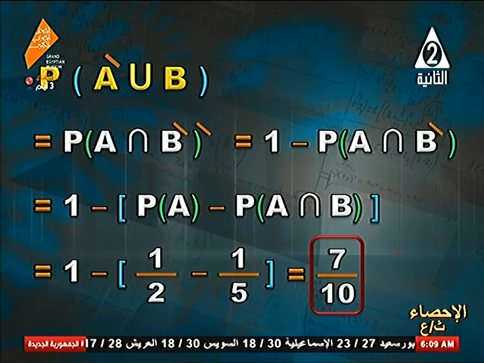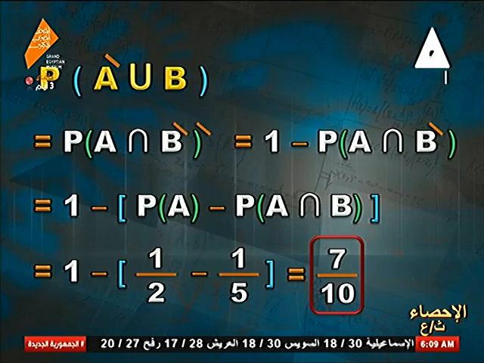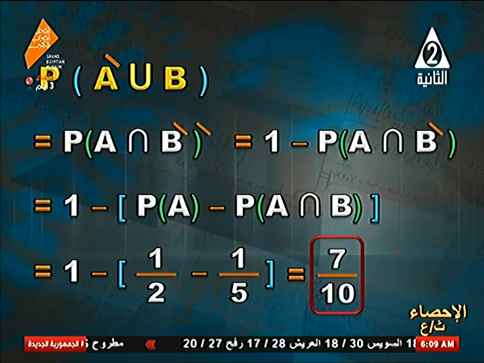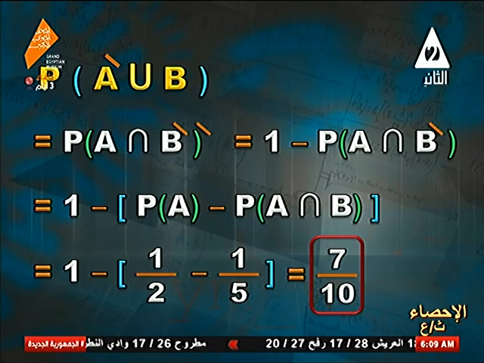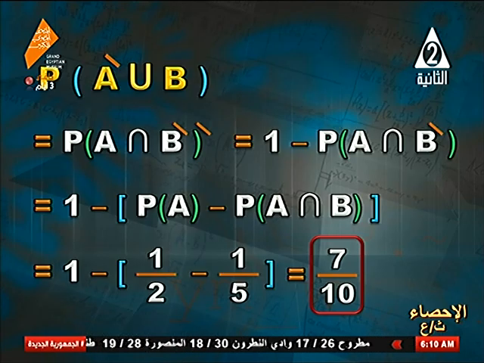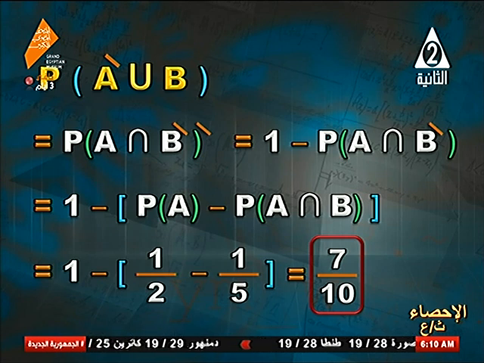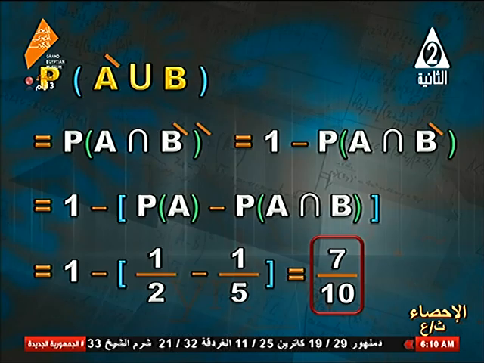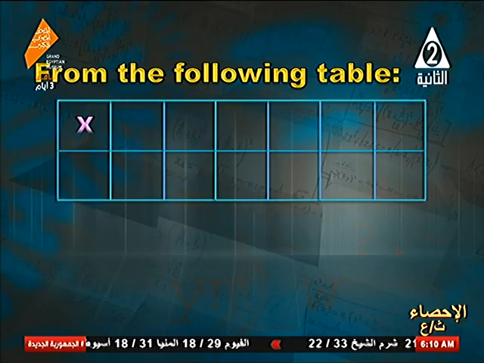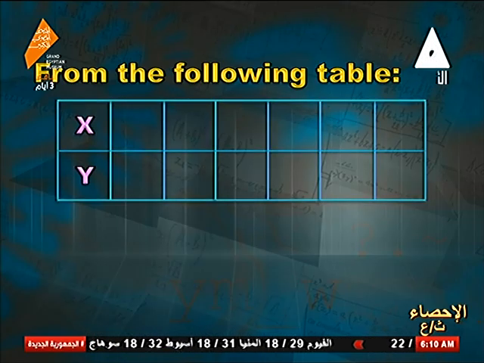The probability of A intersect B complement equals the probability of A minus the probability of A intersect B. By substitution, the answer is 7/10.